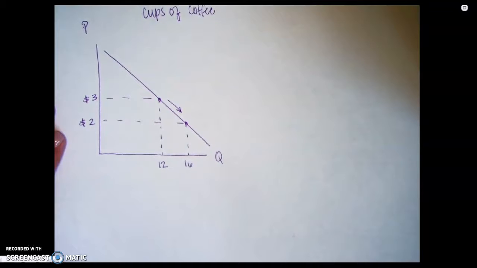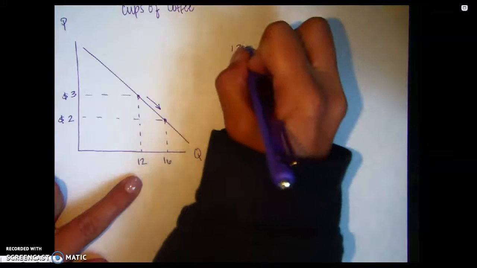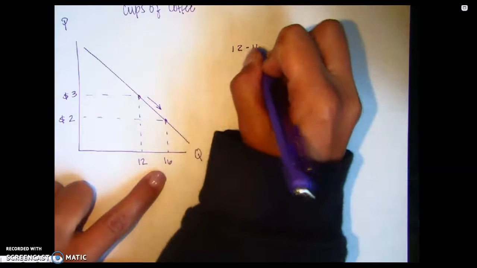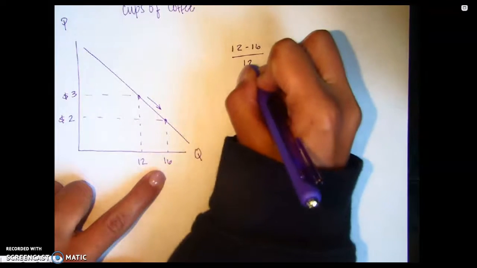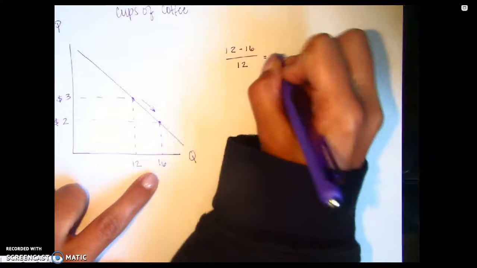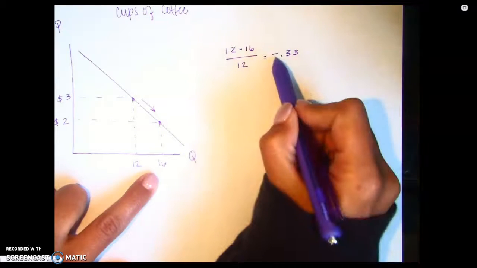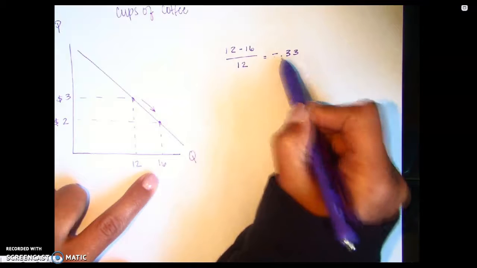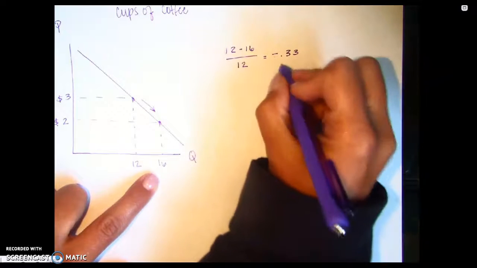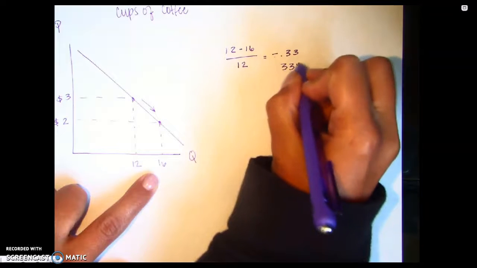So we need to start first with our quantity demanded. So originally we had 12, now we have 16. You place that number again over 12, and you should get 0.33. Eliminate your negative, move your decimal to the right twice, and now you have 33%.